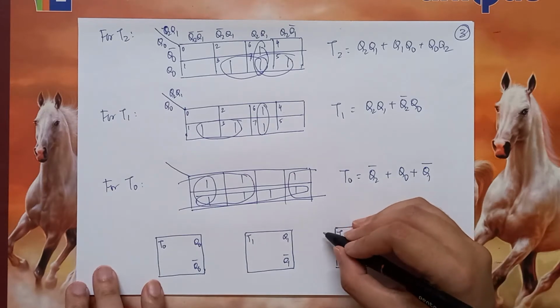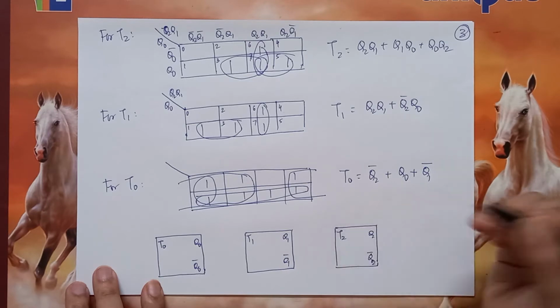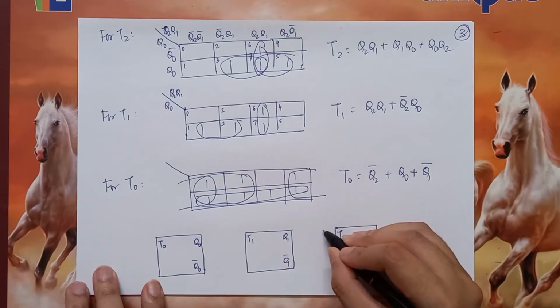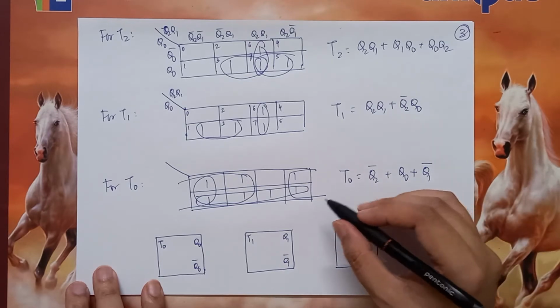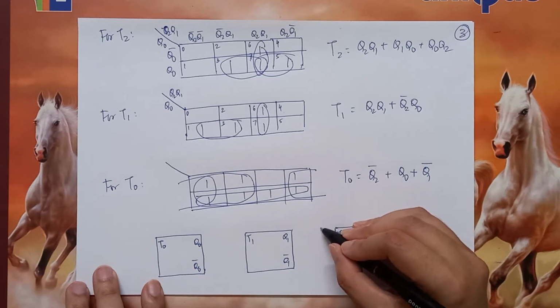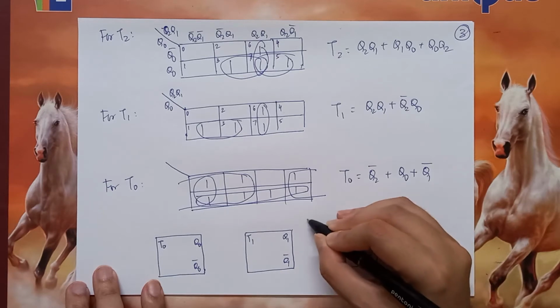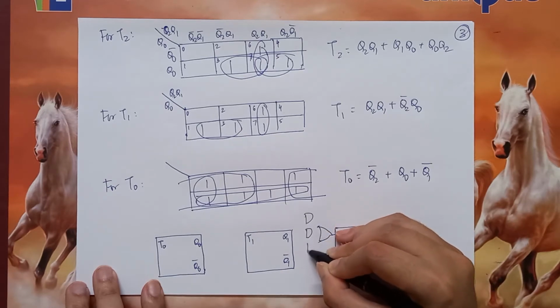So essentially it would look something like this. If I were to use basic gates, it would be kind of like this. One OR gate and 3 AND gates.